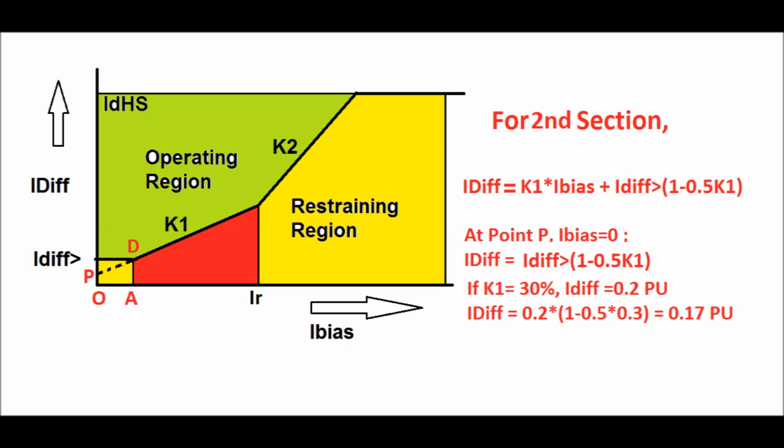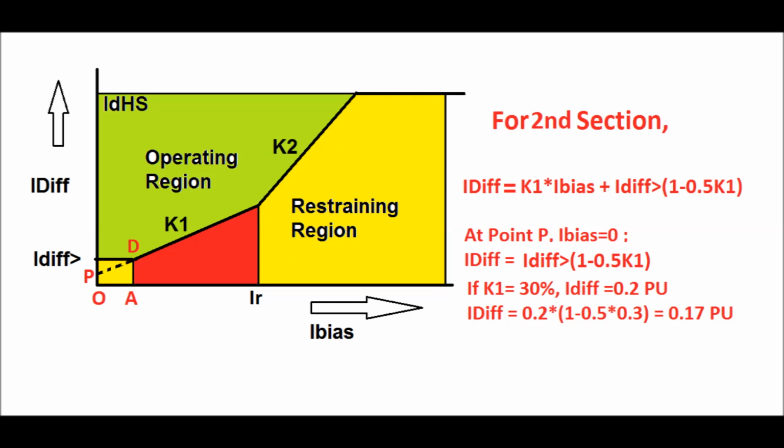If we draw the straight line of the initial slope K1, it will meet the differential axis at point P. We can get the value of OP from the equation I differential equal to K1 into I bias plus I differential greater than into 1 minus 0.5 K1.